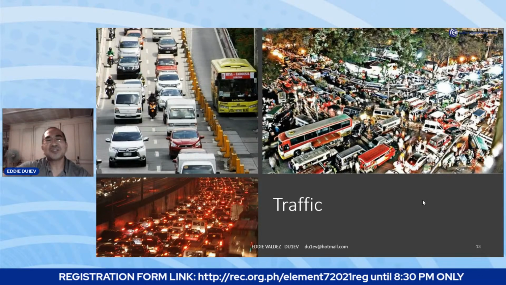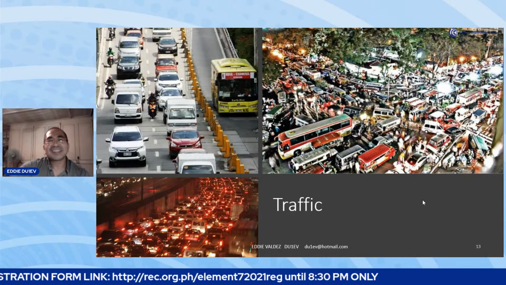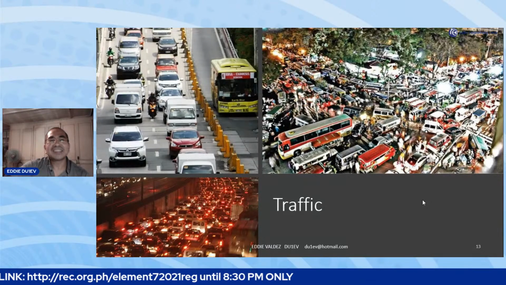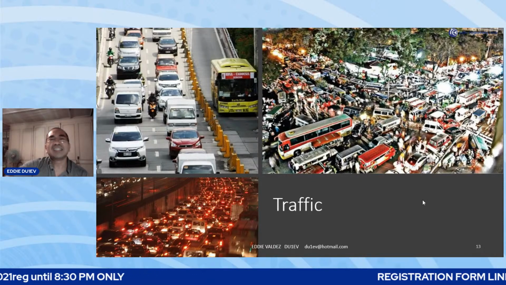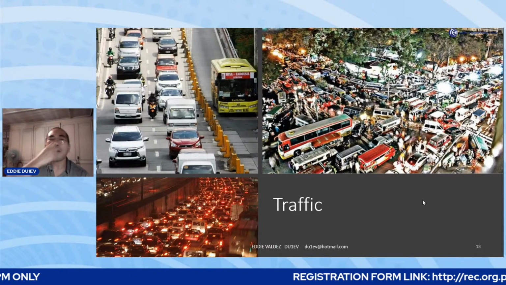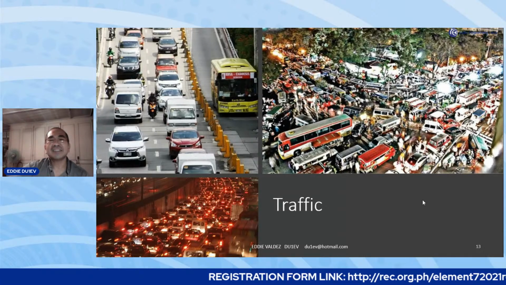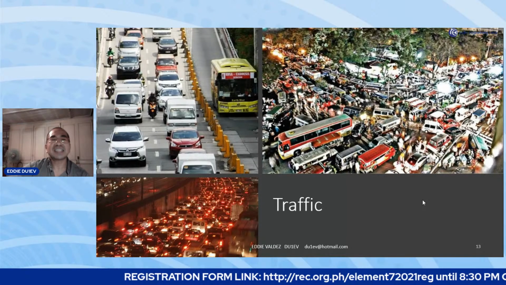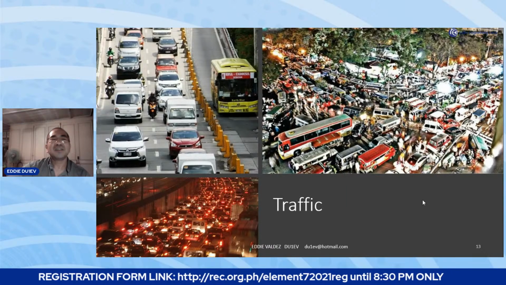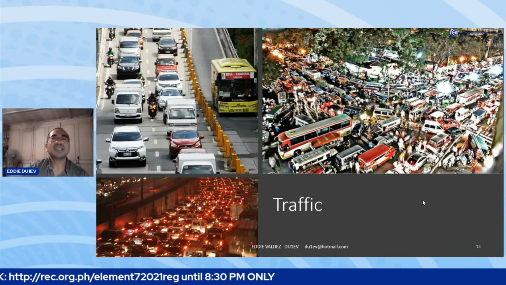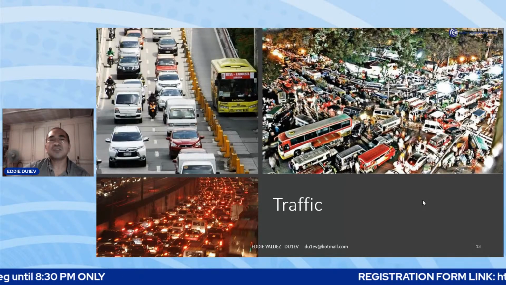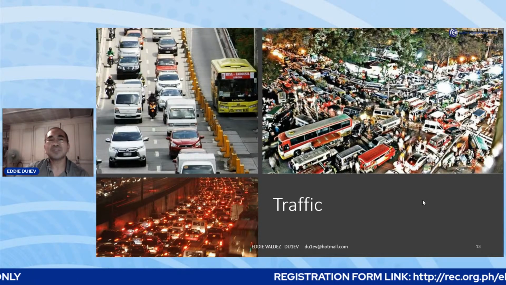So in relation to the topic tonight, why am I showing this picture? Kasi yung ere natin at saka yung mga license classes natin, parang traffic din yan. Saan ka pwedeng dumaan sa EDSA? Kung nakamotorsiklo ka, doon ka sa motorcycle lane.